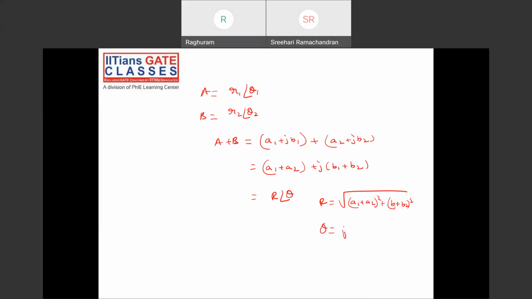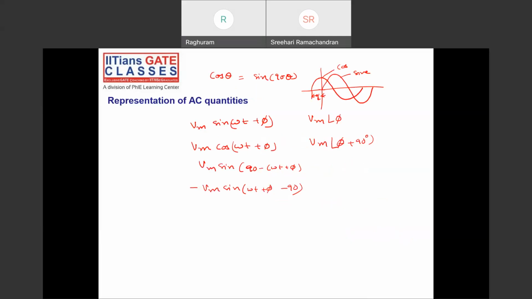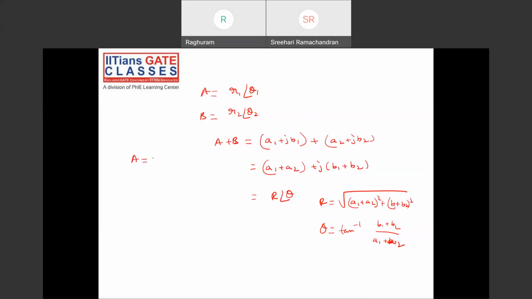Theta is tan inverse of (B1 plus B2) by (A1 plus A2). If A is equal to A1 plus jB1, and B is equal to A2 plus jB2, and I want A multiplied by B, then again I have to use the polar form: R1 R2 at an angle theta 1 plus theta 2.